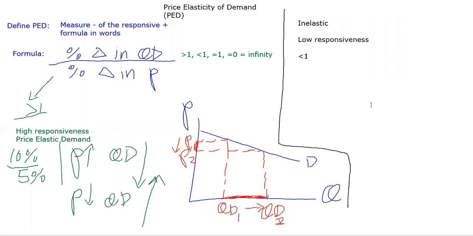So if you look at it here, अगर price suppose 10% से increase हुई, quantity demanded has to fall, but like 2% से गिर गई, something like that. So a large change in price leads to a relatively small change in quantity demanded.